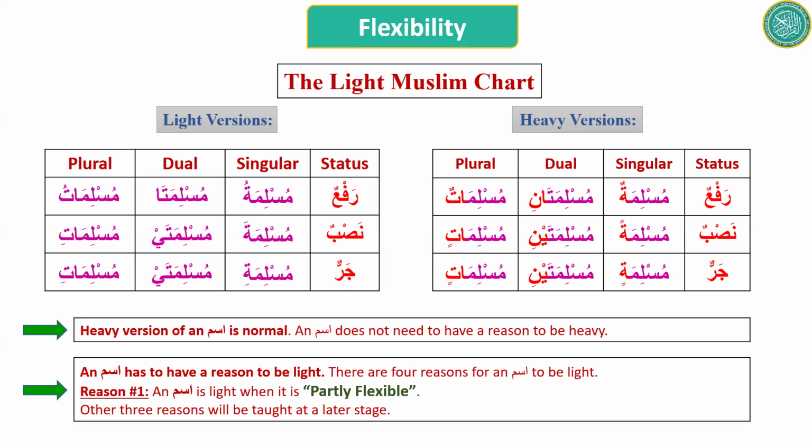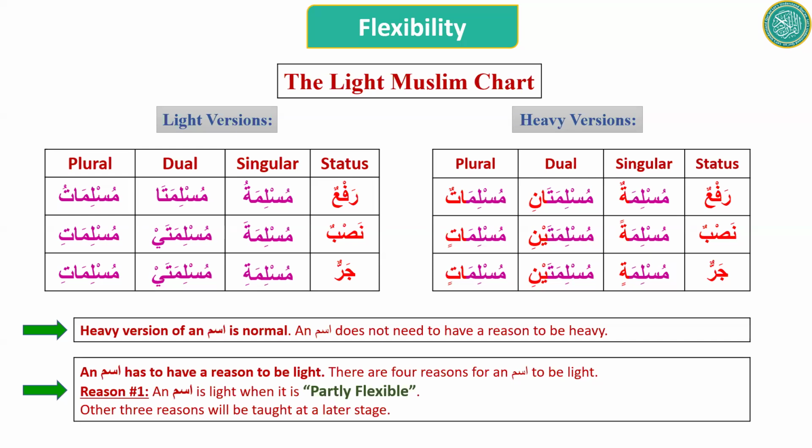One of those 4 reasons is all it needs to become light, and one of those reasons is being partly flexible. Remember, fully flexible, non-flexible, and I said we need to learn about partly flexible. So if an ism is light, it could be because it is partly flexible.